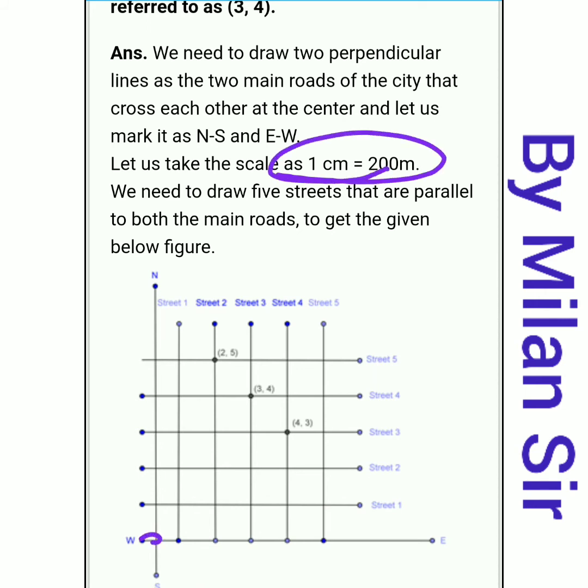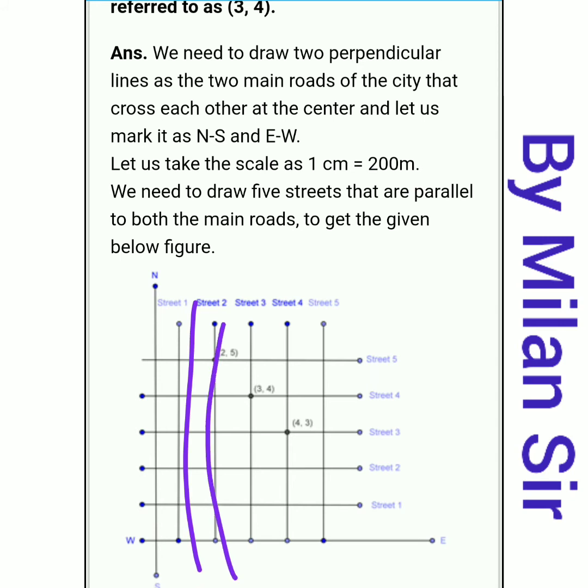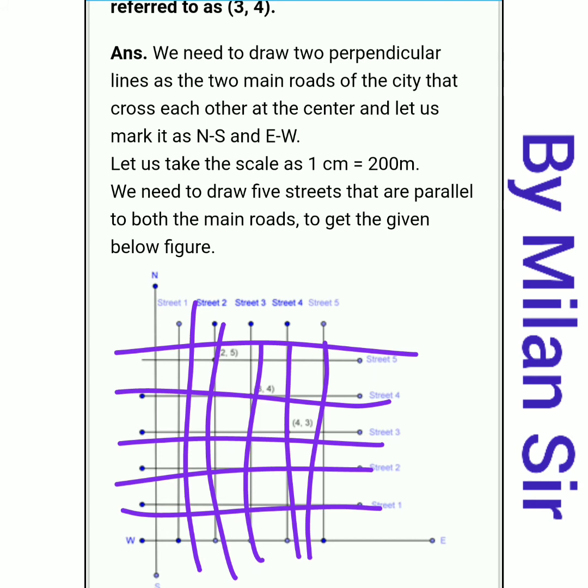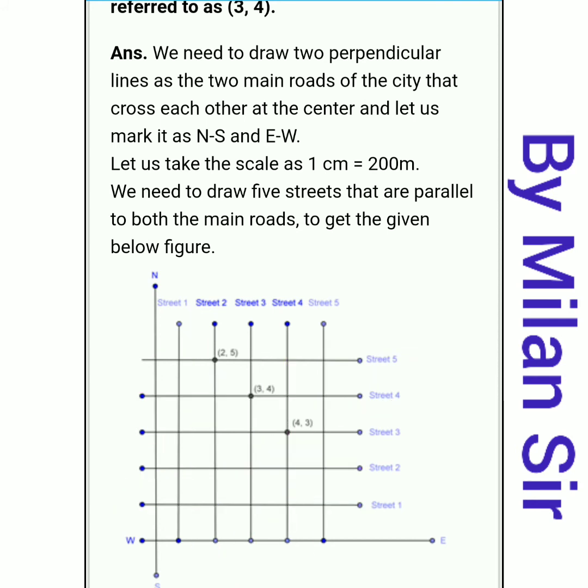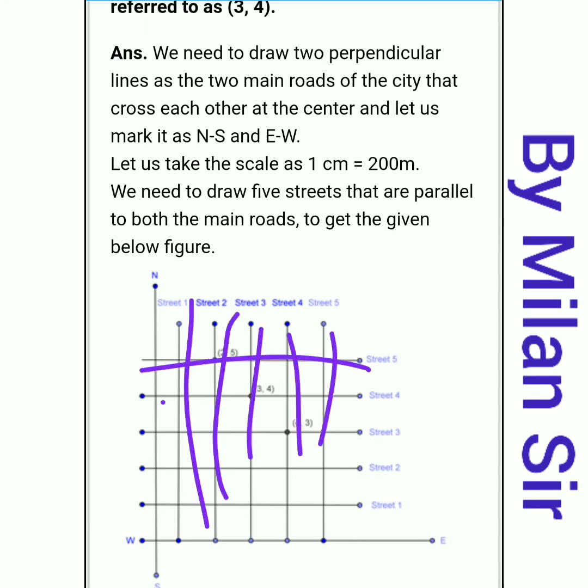From this origin we need to draw 5 vertical lines at a distance of 1 centimeter and 5 horizontal lines at a distance of 1 centimeter, because 1 centimeter represents 200 meters and it is given that the streets are 200 meters apart from each other. So in this way we draw the graph: first our main streets, north-south direction and east-west direction, and after that 5 streets each in the vertical and horizontal directions.